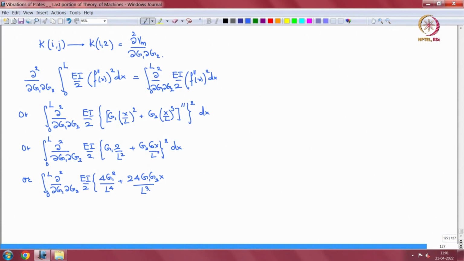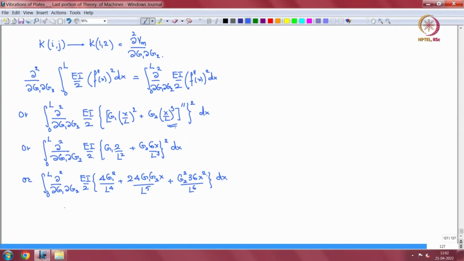This is L cube, so this is L5. In the double dash L will come out the same. This is L5 plus G2 square 36x square by L to the power 6 dx. Now if we integrate, what do we get?